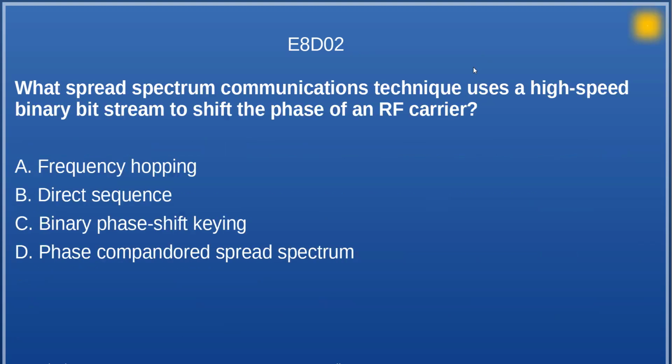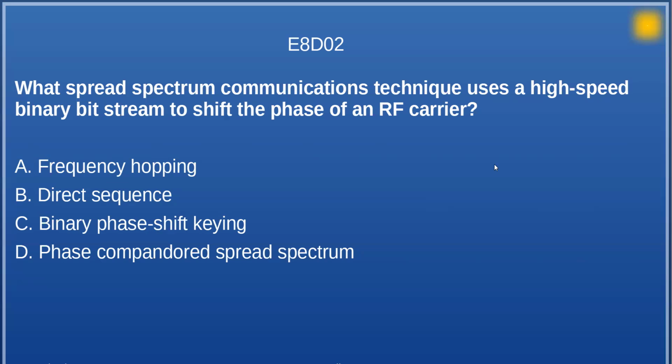What spread spectrum communications technique uses a high-speed binary bit stream to shift the phase of an RF carrier? It's a two-word sequence to me. Okay, now that one I have trouble with, because maybe I don't know what it's saying that makes it differentiate.